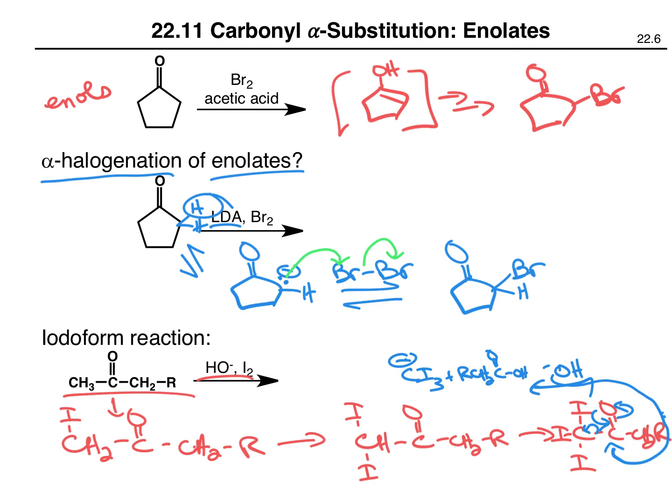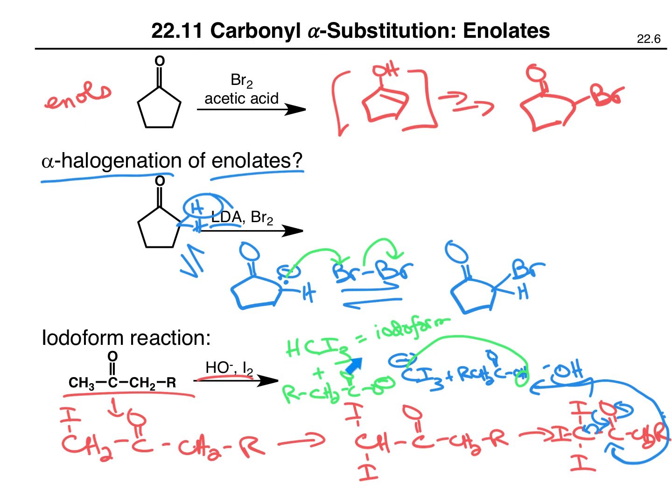And then an acid-base reaction will give us our final product of HCI3, which is called iodoform. And we make a carboxylate.